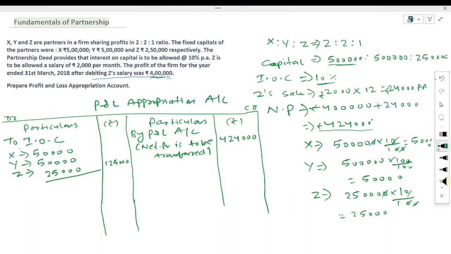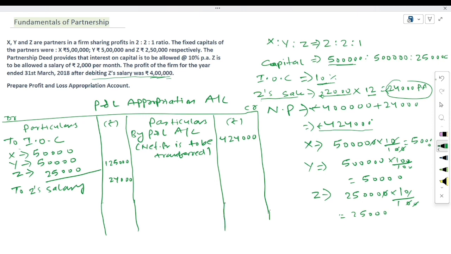Now here Z is getting a salary of rupees 2,000 per month into 12, which means 24,000 per annum. Now here we will provide salary to Z also. To Z's salary, how much? 24,000.